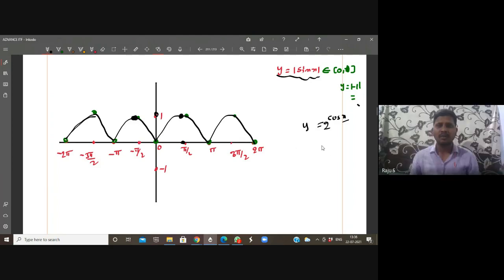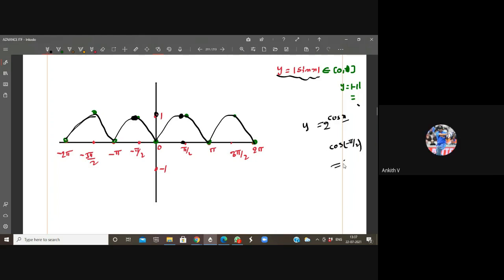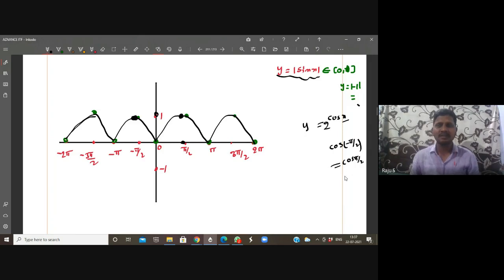What about cos minus 90? Cos of minus 90 is the same as cos 90, which is 0, so again 2 power 0. When x is equal to 0, what about 2 power cos 0? Cos 0 value is 1, and 2 power 1 is 2. So when x is 0, y is 2.